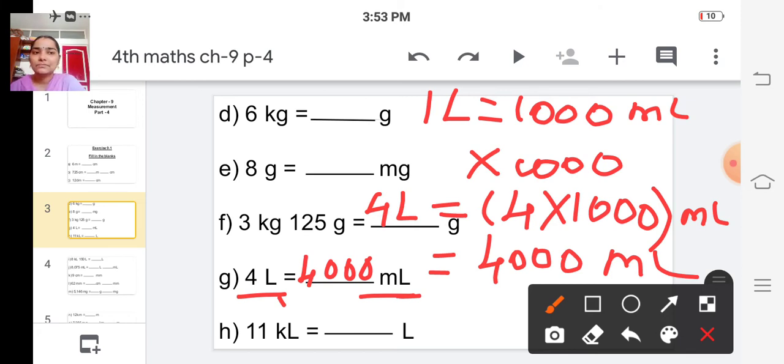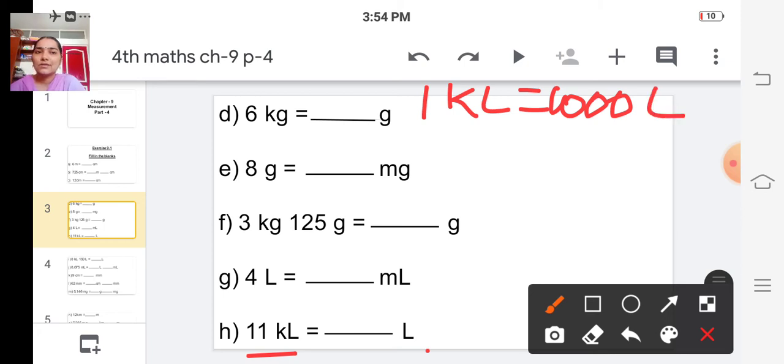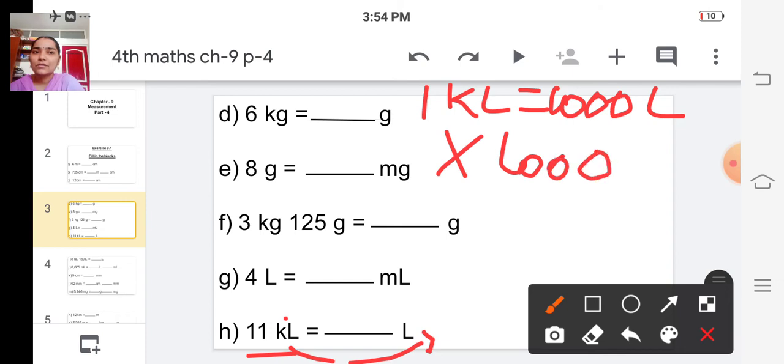Is it clear? The next one, 11 kiloliter is equal to dash liter. So 1 kiloliter is equal to 1000 liters. Okay, so to convert kiloliter into liter, what we have to do? We have to multiply by 1000.